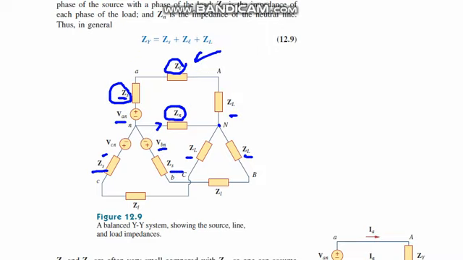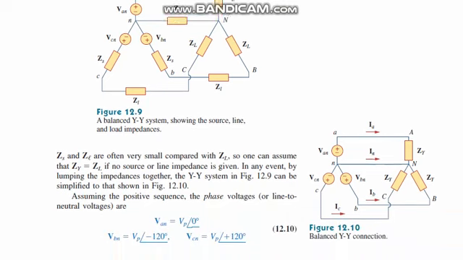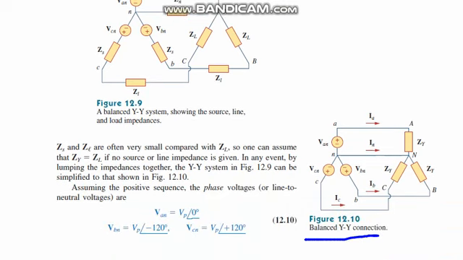So now after adding up, we can draw a very common design like this. Just see this balanced YY connection, VAN, VBN and VCN, and there is a current IN, a current IA, a current IB, and a current IC.